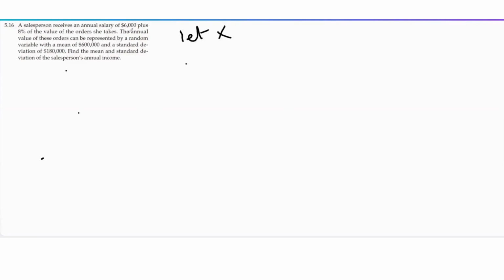So let's let X be the random variable they've given us, the annual value of orders, and let Y be the salesperson's annual income.